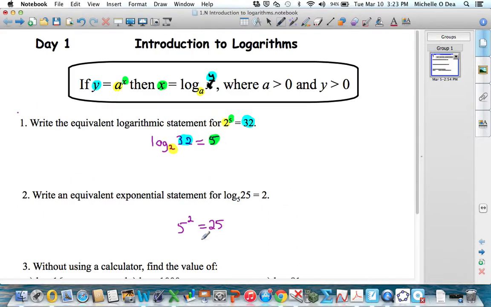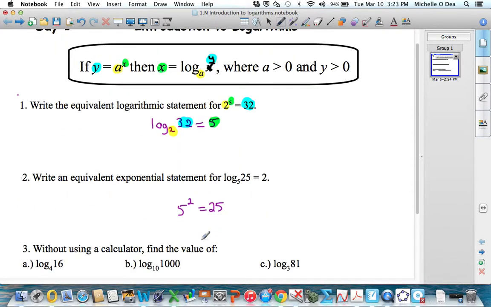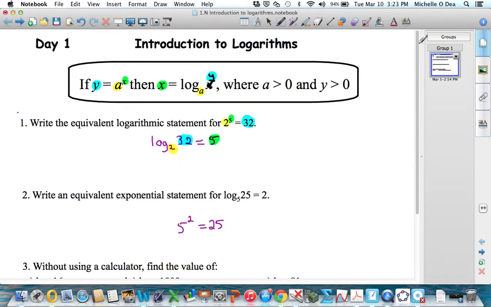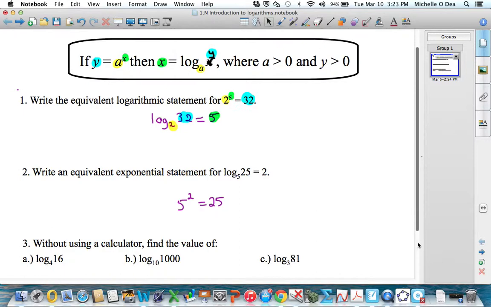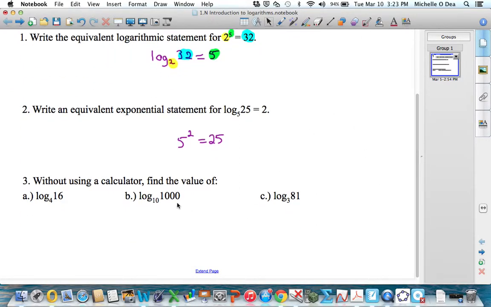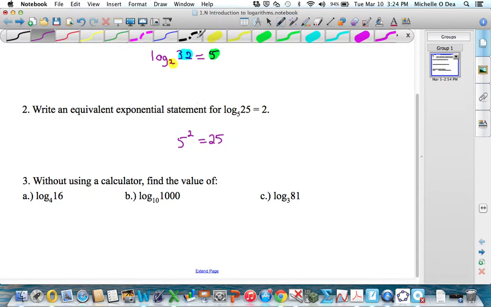Okay, let's try these last 3. Without using a calculator, we need to now find the value of these. So remember what the log is saying.